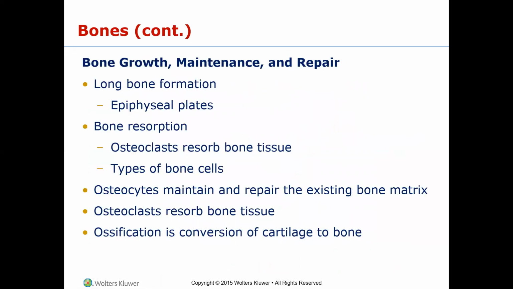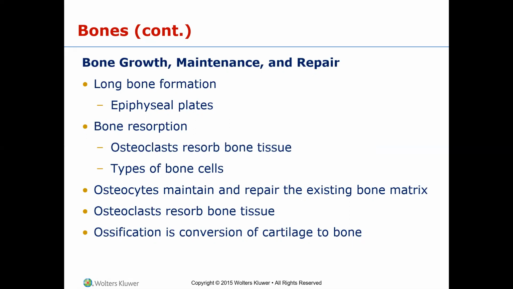So long bone is formed at the epiphyseal plates, and that's at the ends of the long bone. Bone resorption means that it's being broken down, and as I said, that could be due to damage or repair.